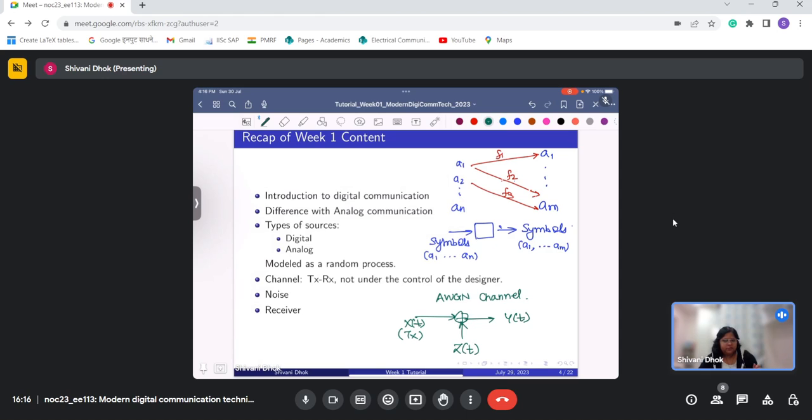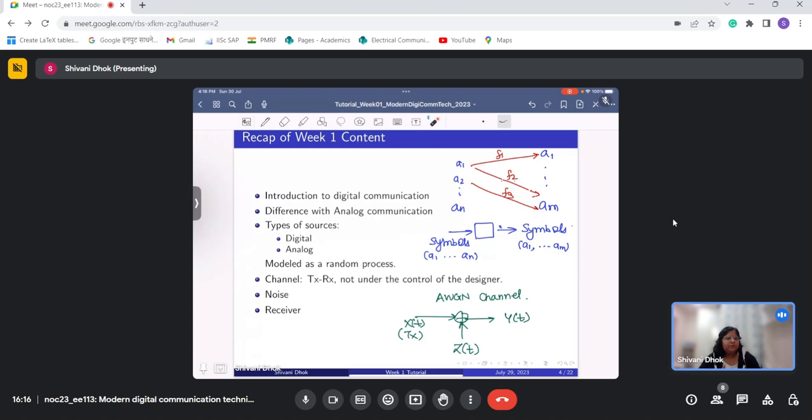Again we don't have any control over how this noise ZT will behave. Another thing is that this XT, what the transmitter is transmitting, and this noise ZT are completely independent of each other, which makes it more interesting to analyze. Because when I'm transmitting XT, I don't know how the noise is going to behave, and this is something that makes digital communication much more interesting compared to analog communication.